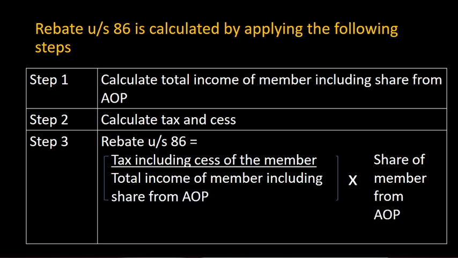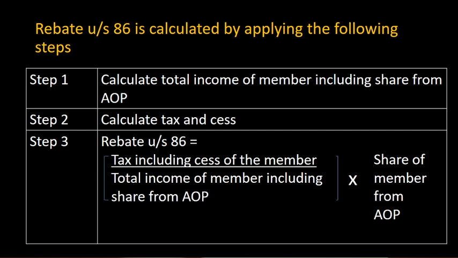After that, last one, rebate. Now here, your textbooks may have some other formulas. My formula is simpler and shorter. So try to follow this only. You need not write the formula in the exams. If you numerically calculate, that's more than enough. So what will we do? Tax including cess of the member should be in the numerator. So here only the member's tax which we calculated in step 2.